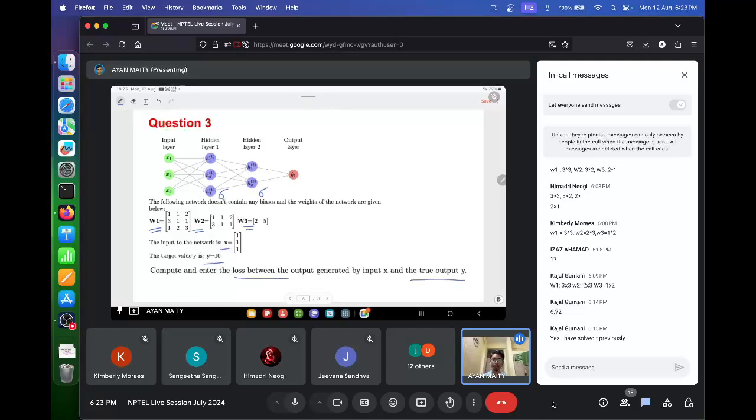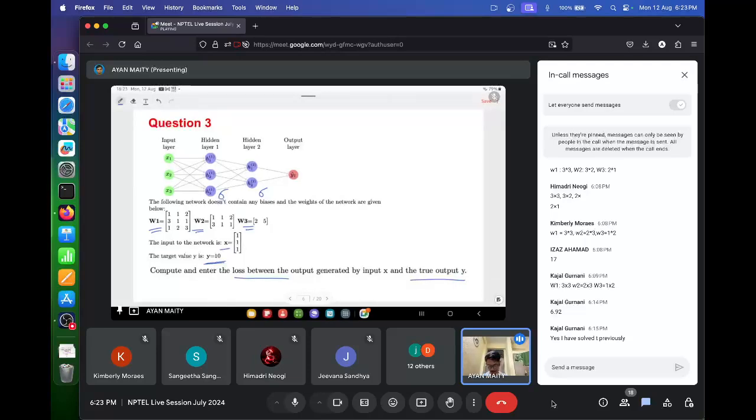So what will be the loss value if the target value is y equals 10? We have already computed the predicted value in the last question. Now what will be the loss between the predicted value and the true value?